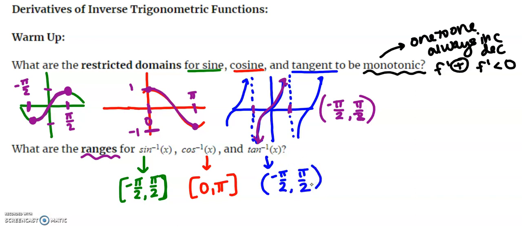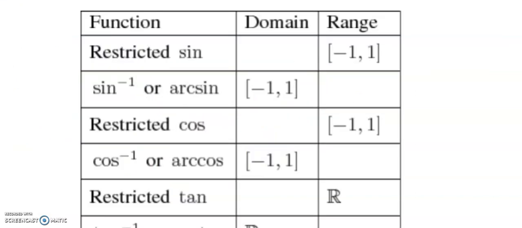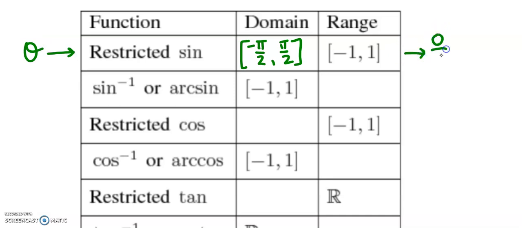Okay. Well, let's think about what that really means in terms of the unit circle. Everybody's favorite. So, sine on its own, its domain is everything. But restricted sine, we just said negative pi over 2 to pi over 2. And that's because the input is an angle theta, and the output is the ratio of the sides, the opposite over the hypotenuse.